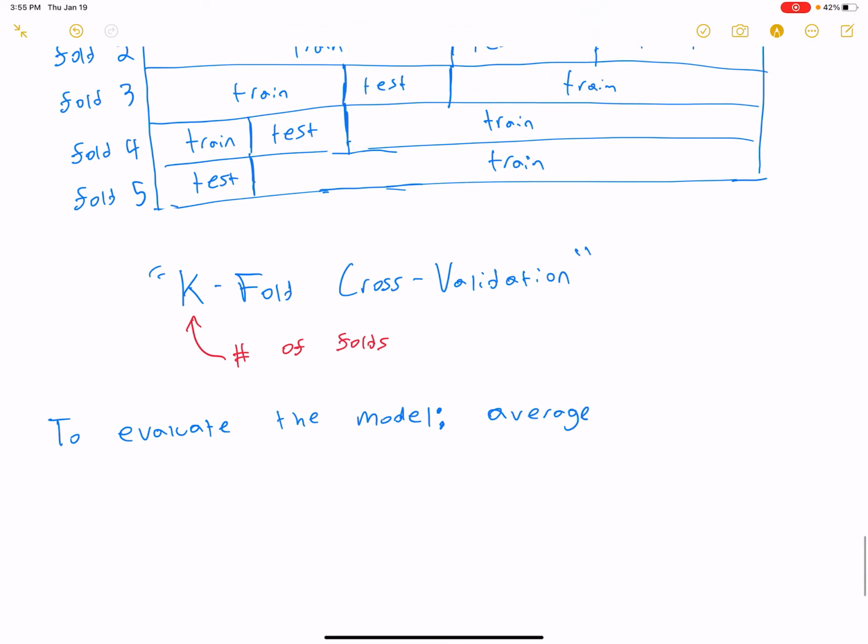Pretty simple. Average the performance over the K folds. And if you're doing it really scientifically, you put the standard deviation as well, not just the mean.